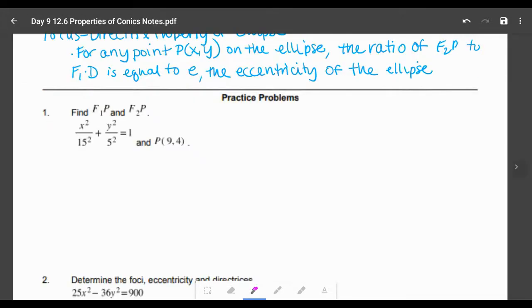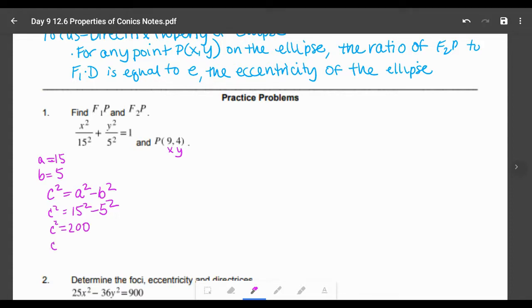Practice problems, it wants us to find the lengths of the focal radii. So we're given this point xy, and we can tell from the equation that A is equal to 15 and B is equal to 5. Using that, we can use the equation c squared equals a squared minus b squared to determine c. So c squared equals 15 squared minus 5 squared. And that gives us 225 minus 25, which is 200.